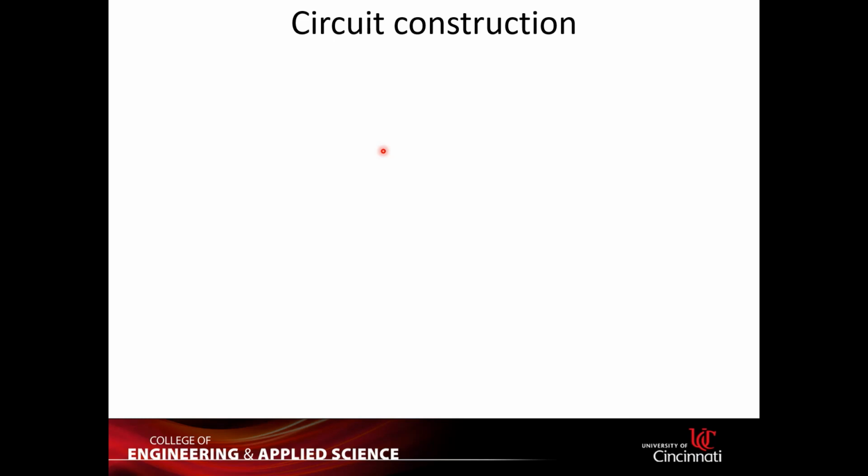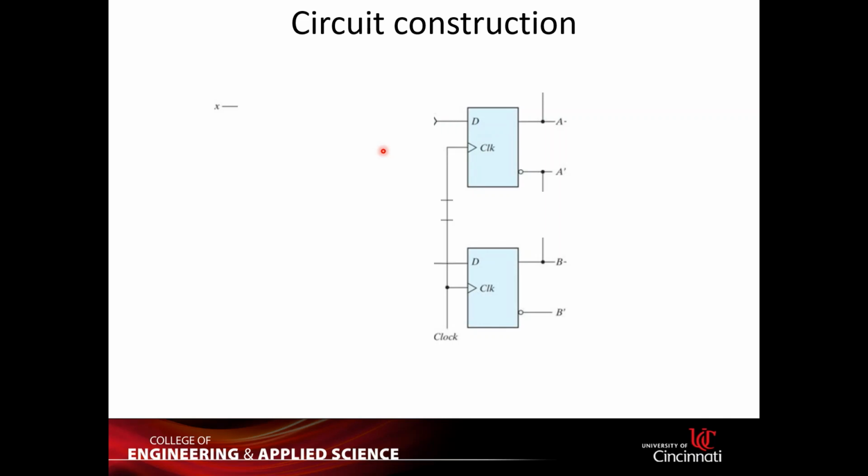So from those D flip-flop input equations, you can construct your combinational circuit outside of your D flip-flops. First of all, because you have 4 different states, and you use D flip-flops, you will use two. You will use 2 D flip-flops in here.